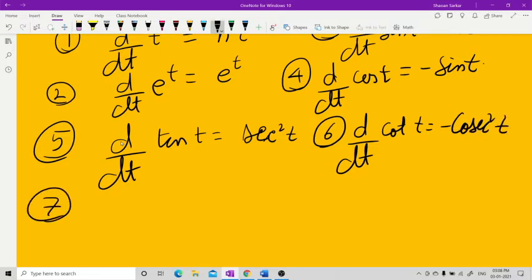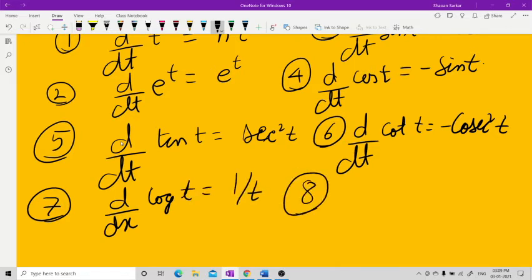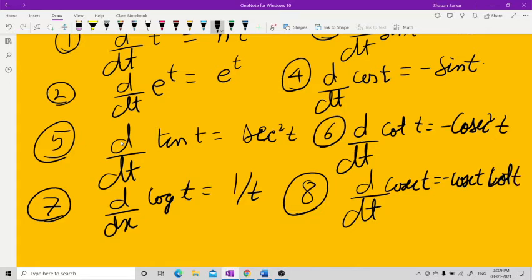Seventh, d by dt of log t is 1 upon t. Eighth, d by dt of cosec t is minus cosec t cot t.